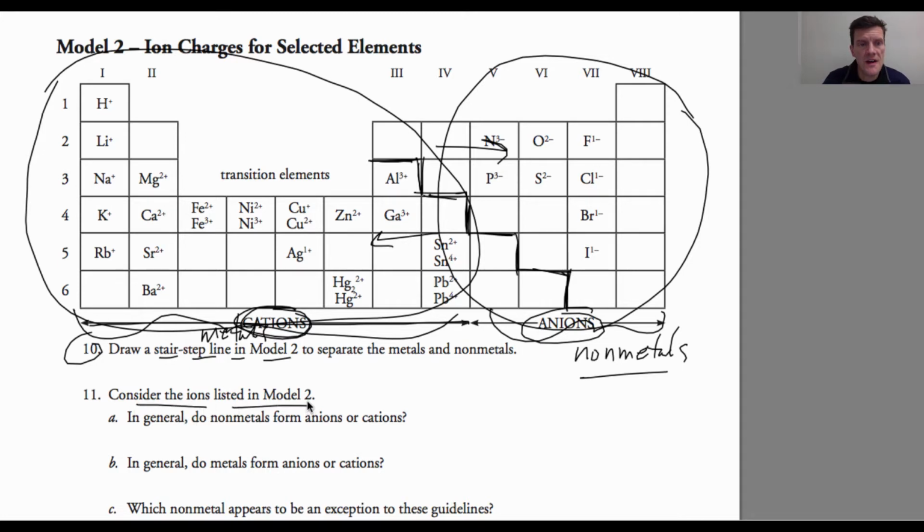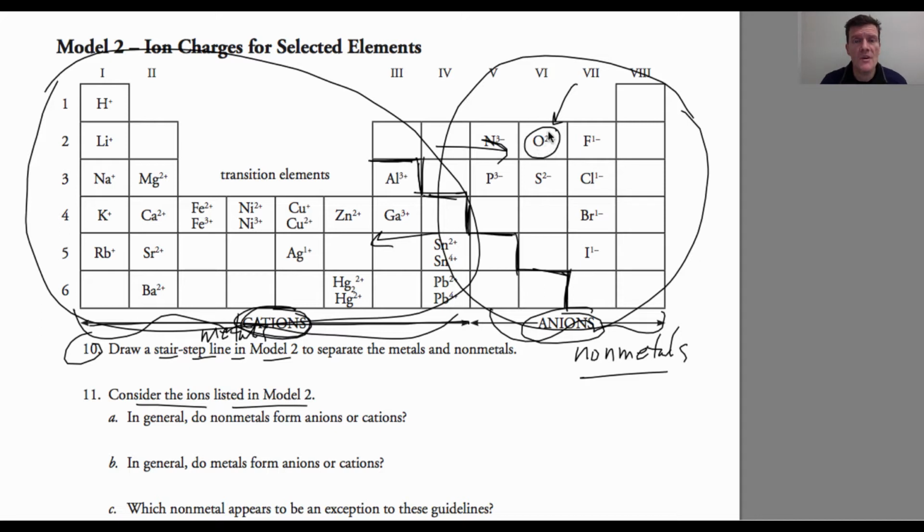Consider the ions listed in Model 2. So we have ions that are filled in. By the way, this is the location for oxygen, the symbol oxygen on the periodic table. If it forms an ion, it is most likely going to form a 2- ion. So they put the ion charge on there for oxygen. Oxygen can also be a neutral atom, don't get me wrong.